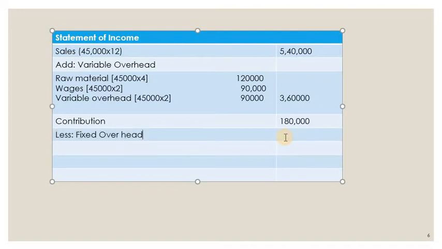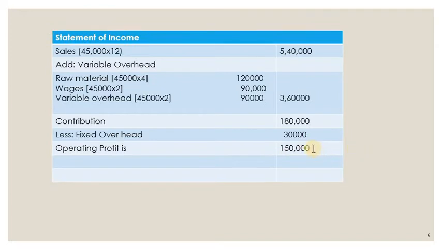The fixed overhead, we have already found out, is 30,000. So operating profit is 1,80,000 minus 30,000, that is 1,50,000.